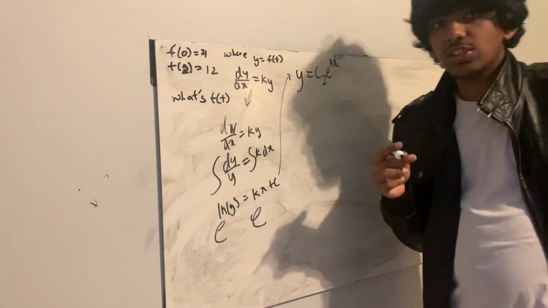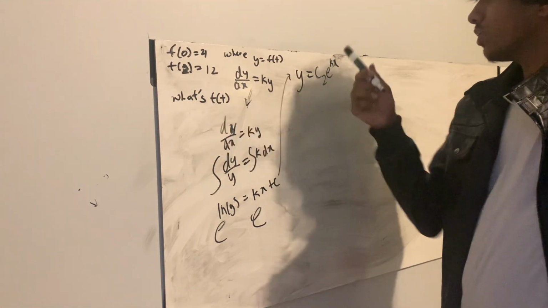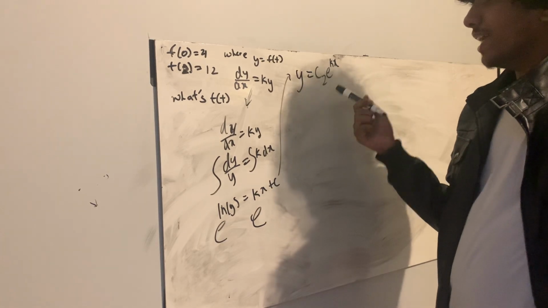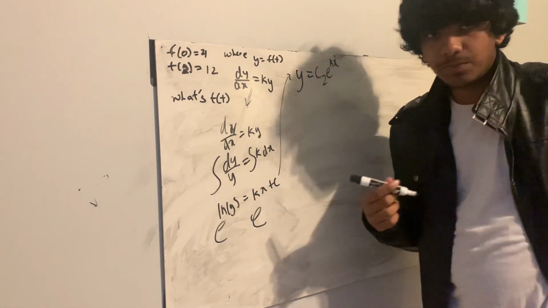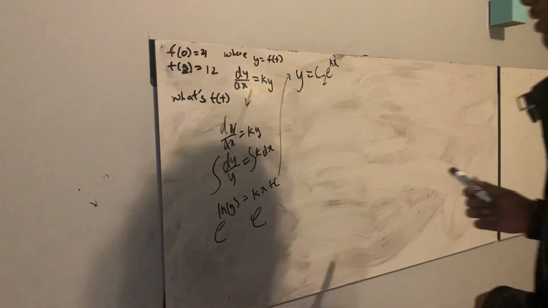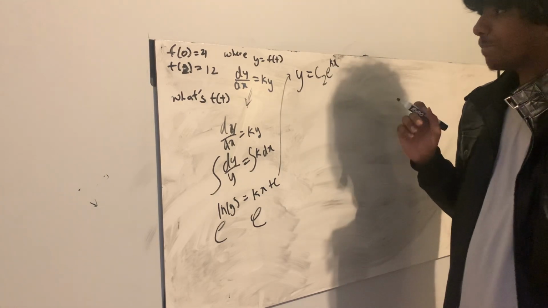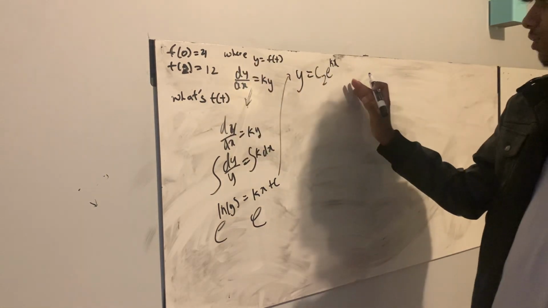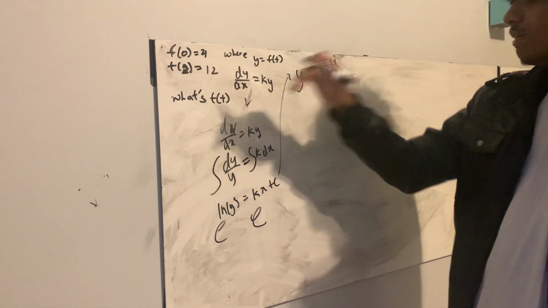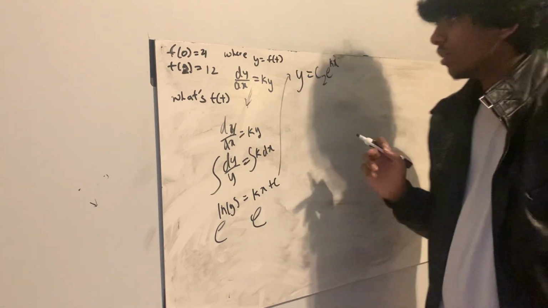That's what the initial conditions are for. We can plug both of these in for c2 and k, and we can solve for both. Okay, let's do this. One thing I note is that if I plug a 0 in, this k is gone, so I can comfortably solve for c2.